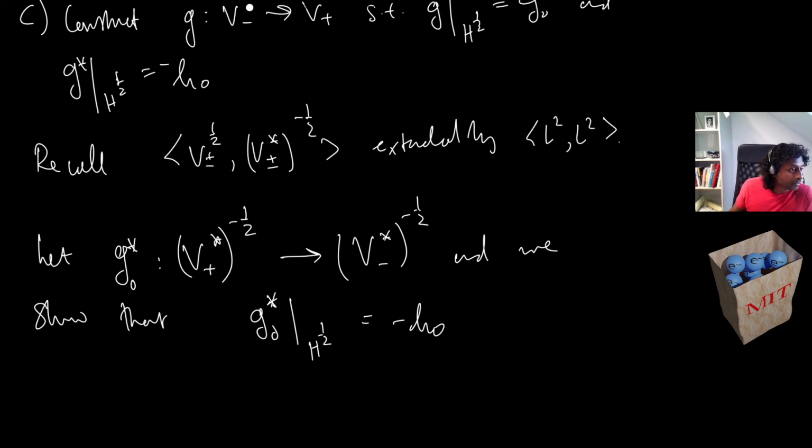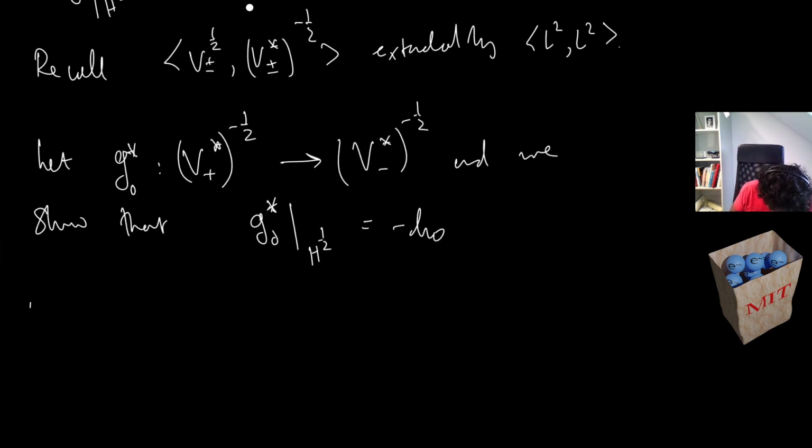All right. So fix now a U in V plus star to a half, and a V in V minus a half.